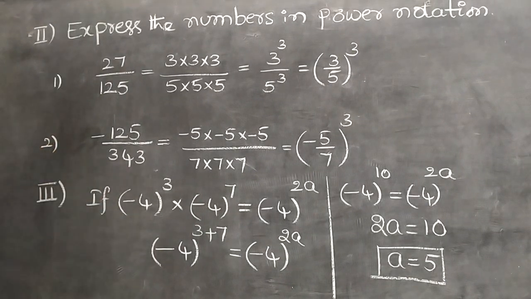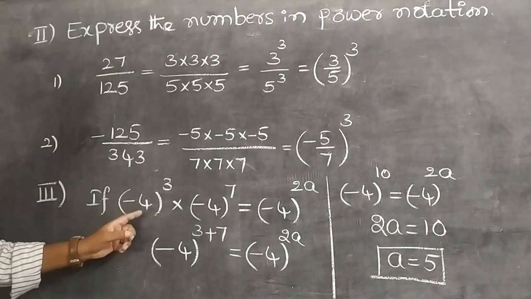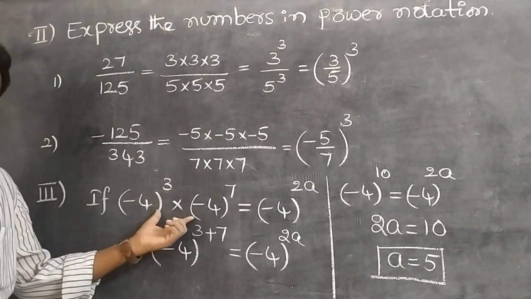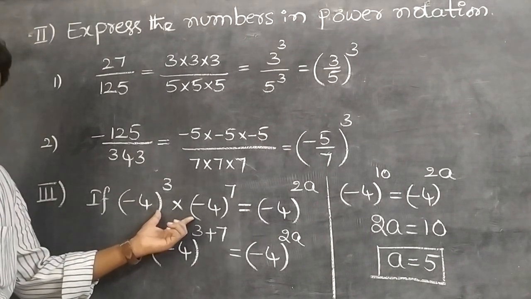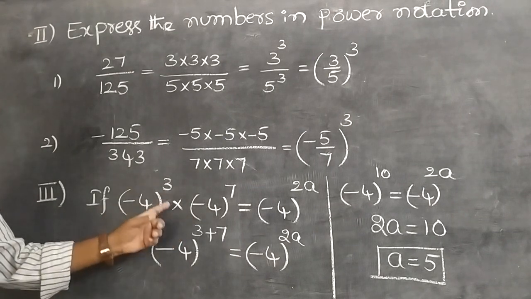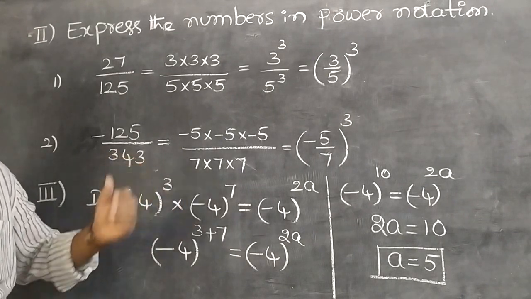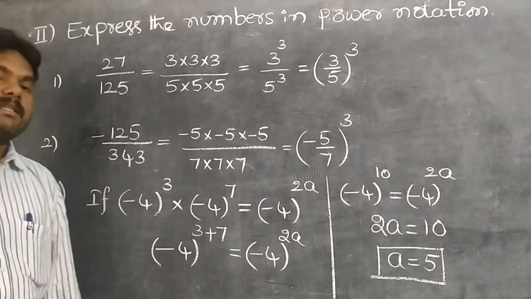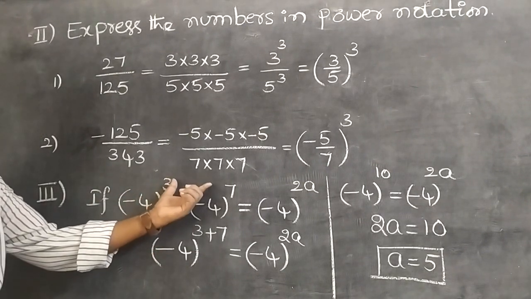First come to the LHS part. This is related to one law of indices. Which law? That is a power m into a power n. We know that a power m into a power n equals a power m plus n, that means adding the indices.